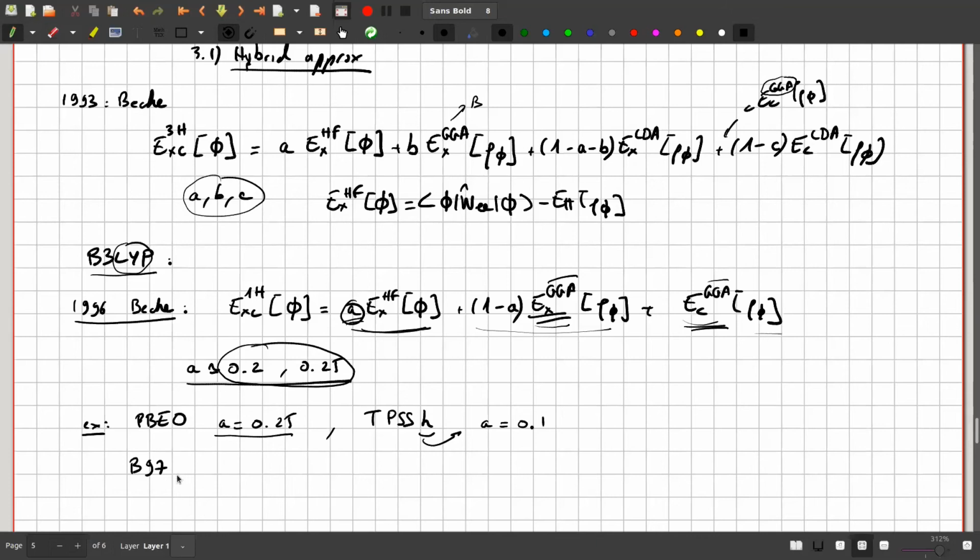For example, in this functional, you have 13 parameters. And another one is the Minnesota 06 functional, which contains 36 parameters. Okay.